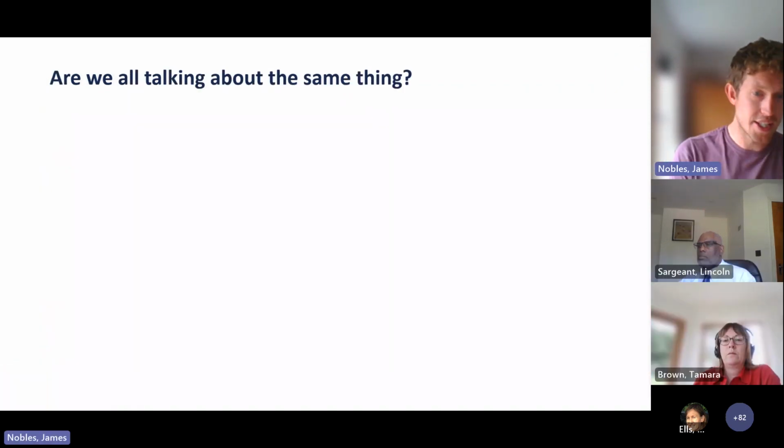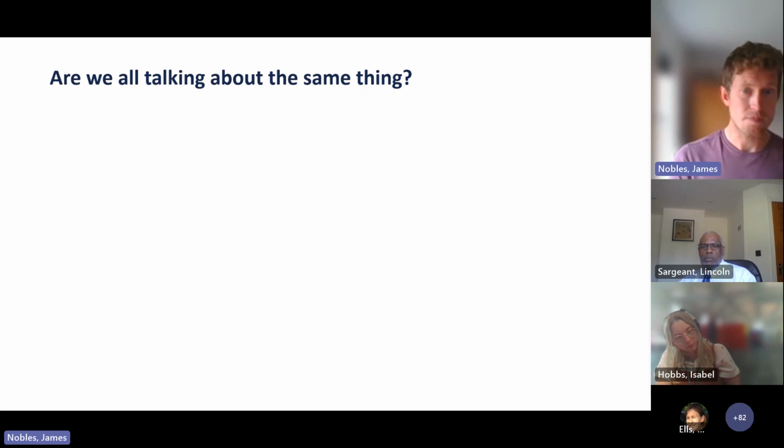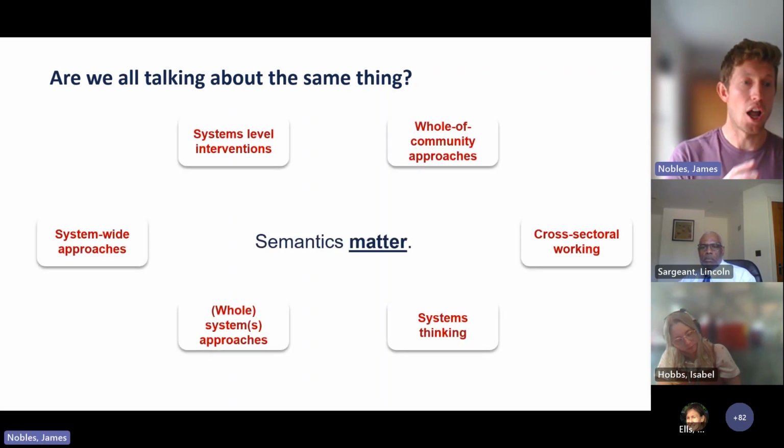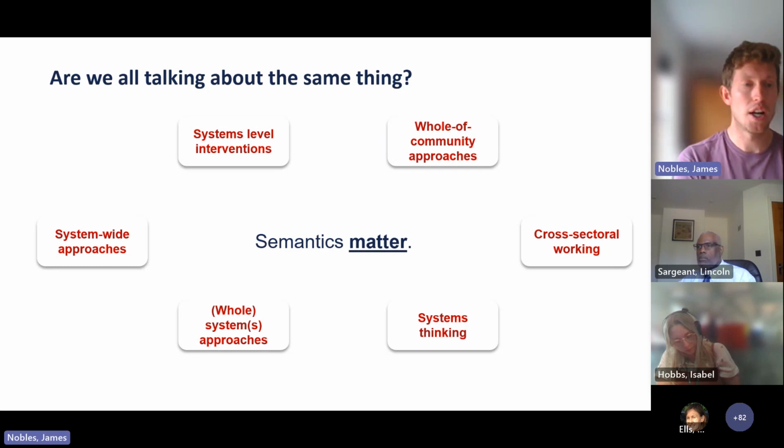I've spoken to lots of people about these sorts of approaches over the last 6 to 8 years, and I've heard people using very, very different terms when talking about systems approaches. So this slide here just gives you a bit of a flavor for the different types of terms that have been used in the context of a systems approach.